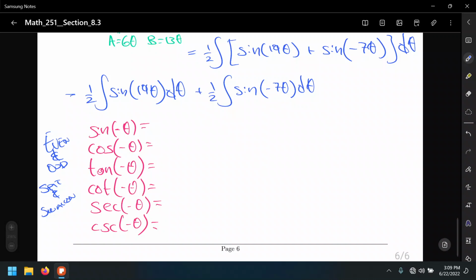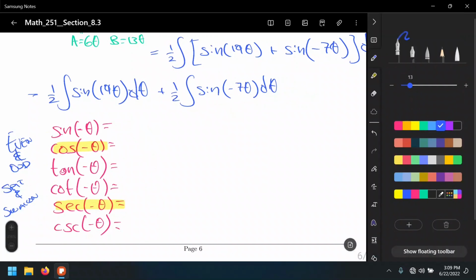Which function is that? Well, there are actually two, but let's start with only one. Which trigonometric function is symmetric about the y-axis? Cosine, right? And of course its reciprocal, secant. The cosine function will just swallow the negative sign, as well as the secant. The other functions, the odd functions, spit the negative sign.